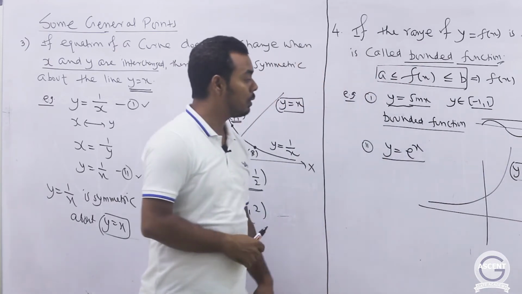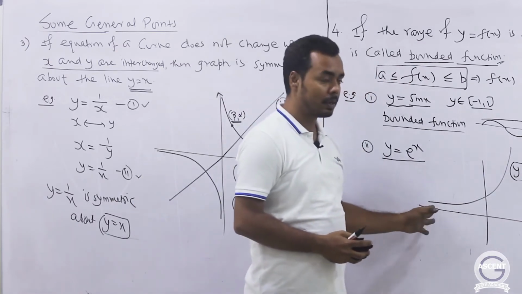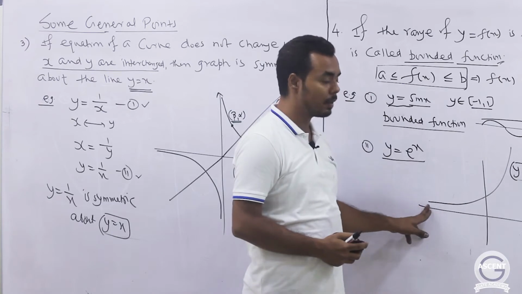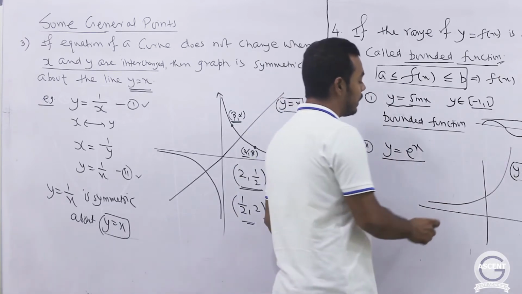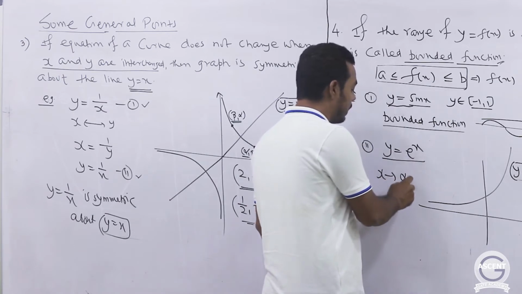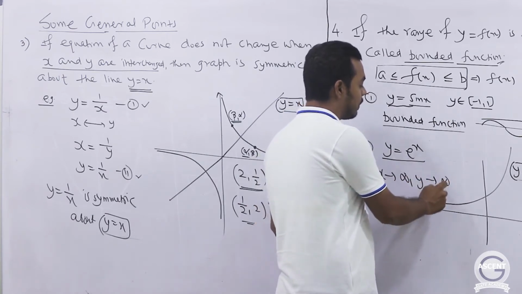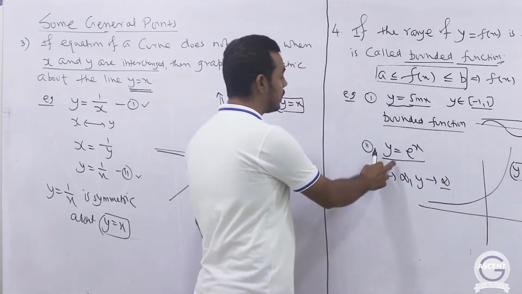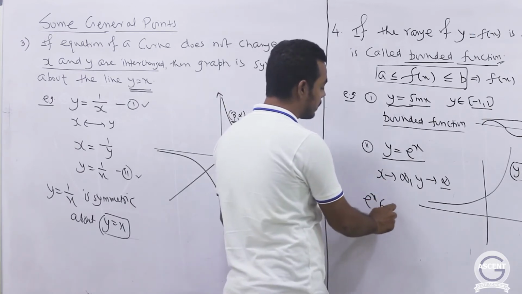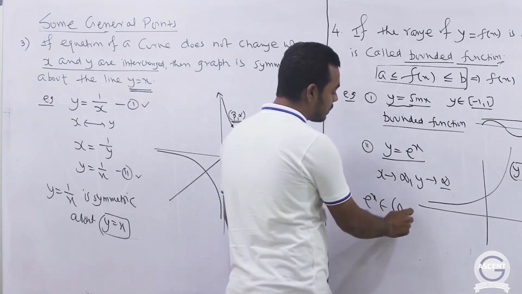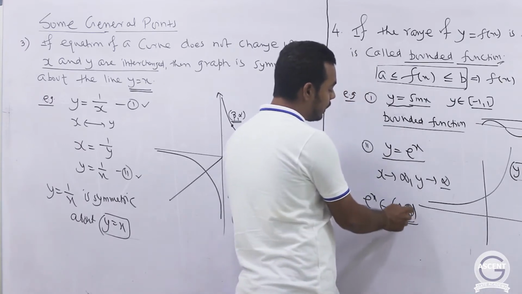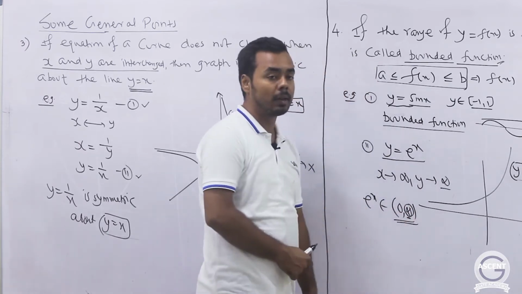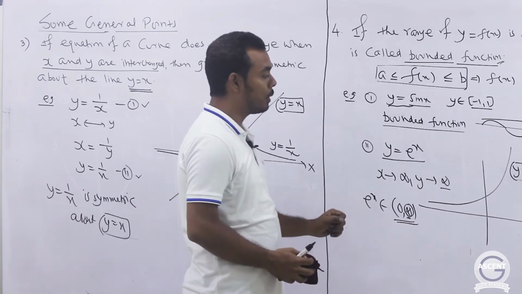When x is minus infinity, y will be 0, so it will start from here. As you increase x, the value of y will increase, and when x is approaching infinity, y is also approaching infinity. So if I ask you what is the range of e to the power x, it is always from 0 to infinity, right? So the maximum value of e to the power x is approaching infinity, and therefore it is not a bounded function.